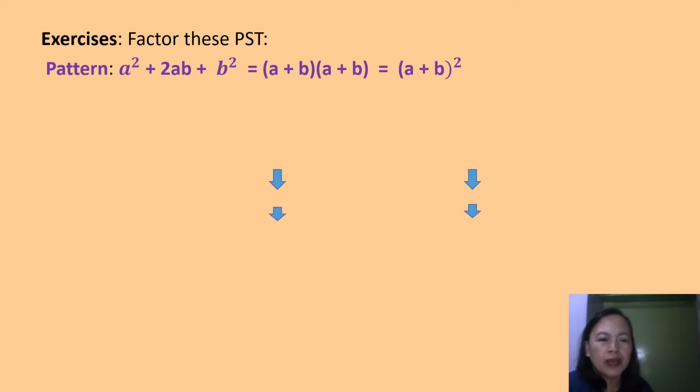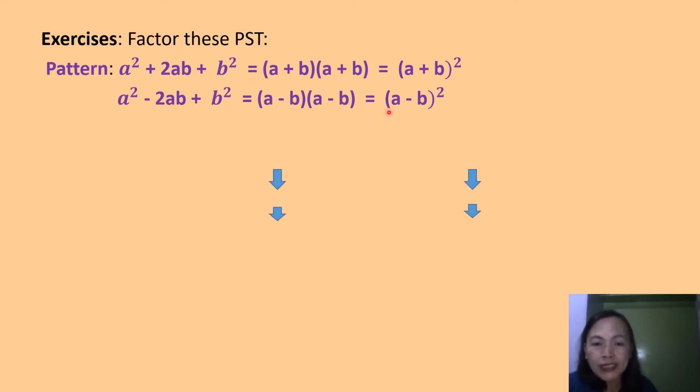Alright, next, A squared minus 2AB plus B squared. If the middle term is negative, then the factors are quantity A minus B times quantity A minus B, or quantity A minus B squared. Get it? Right, I hope that's very clear.